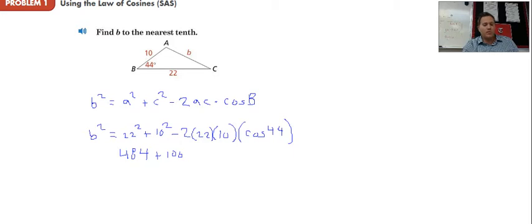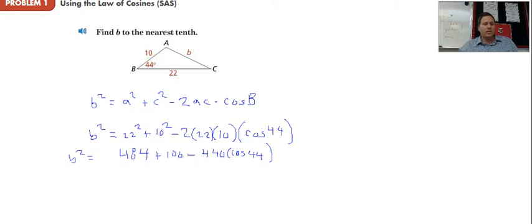Negative 2 times 22 is negative 44, and negative 44 times 10 is negative 440, times the cosine of 44. So I just multiply these out, and we still have b squared on the other side.